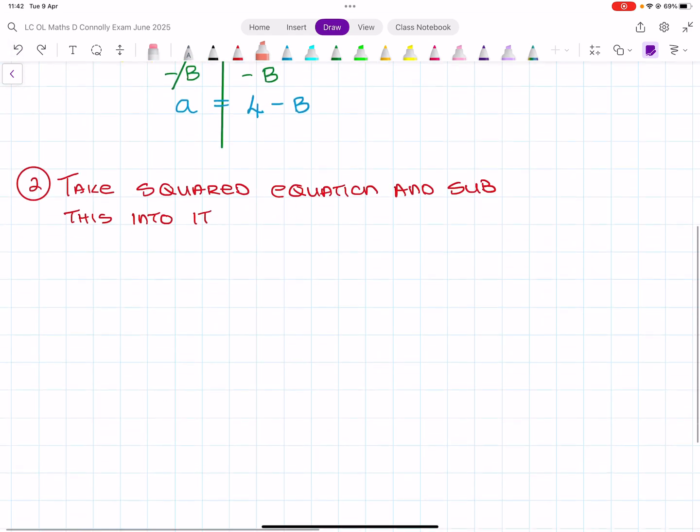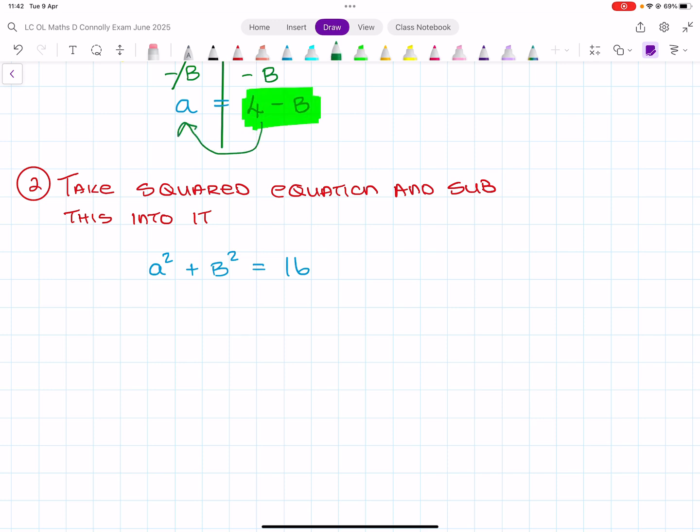So a squared plus b squared equals 16. And then I'm going to use this thing I just got: 4 minus b is equal to a. So I'm going to take 4 minus b and put it in here in place of a. The a was squared, so I need to keep the squared. Copy the plus, copy the b squared, copy the equals, copy the 16.